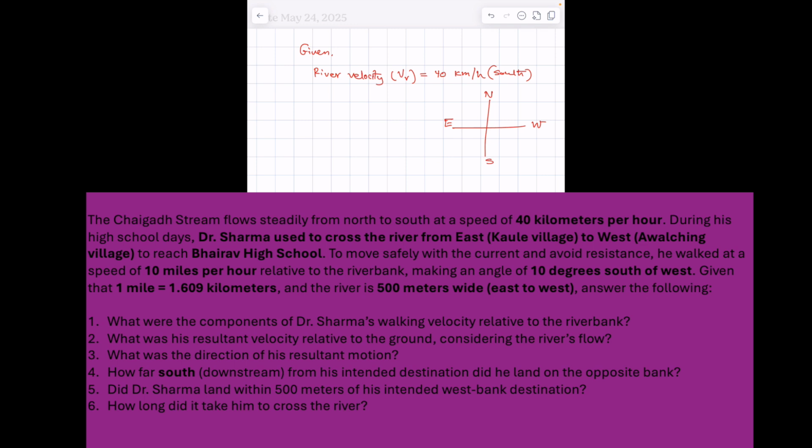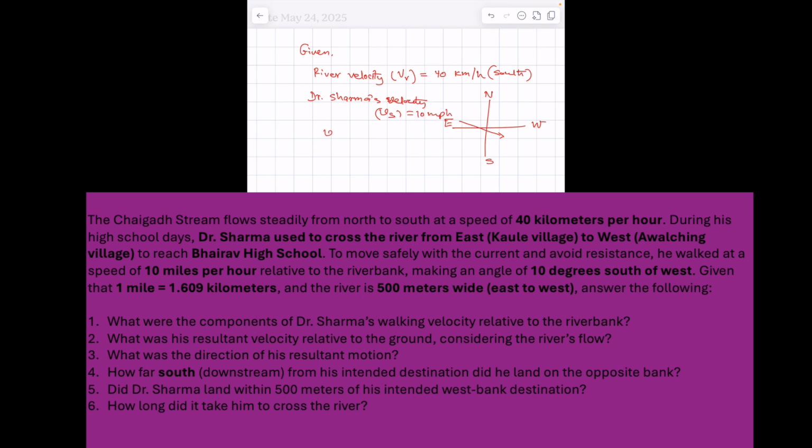Here, Dr. Sharma is crossing the river making an angle like that way. So Dr. Sharma's velocity, let's say Vs, is equal to 10 miles per hour.